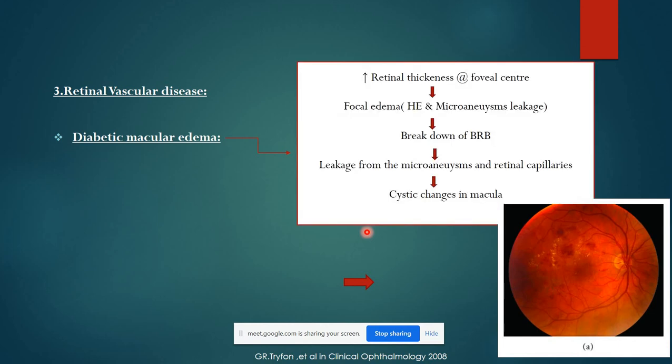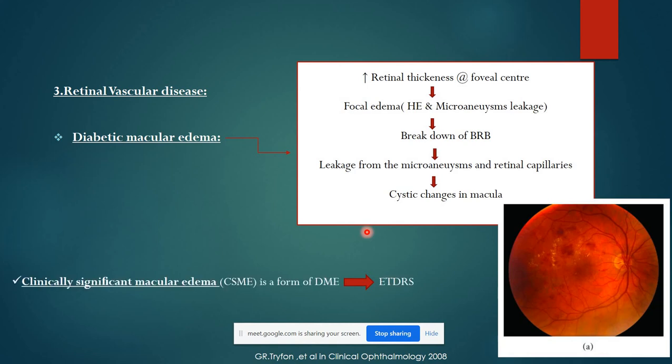So what is actually happening here is, whenever there is a diabetic macular edema, we all know there is an increased retinal thickness at the foveal center. Okay, which is again going to stimulate blood retinal barrier breakage, and then there is a leakage of aneurysm, and once there is a leakage, there is an edema which is going to form.